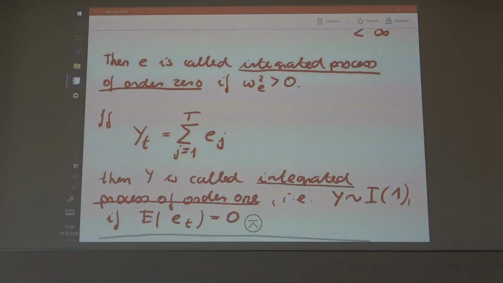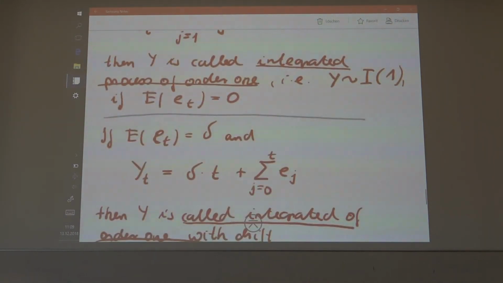So it's not only that the process must be stationary; the corresponding long run variance must also be greater than 0. All right.